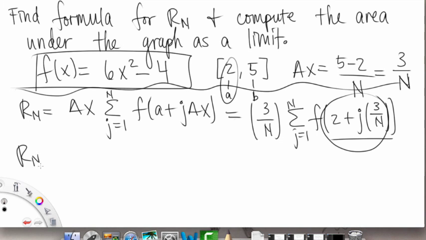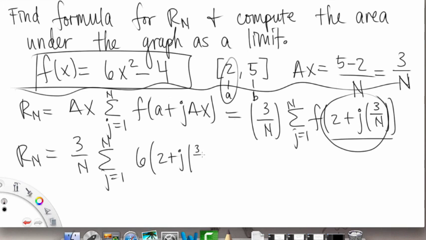Now we'll get r sub n is equal to 3 over n, and then the sum from j equals 1 up to n of 6 times x, and in for x we're plugging in 2 plus j times 3 over n. Then we're going to square that entire thing, minus 4. Alright, so now let's see what we get.